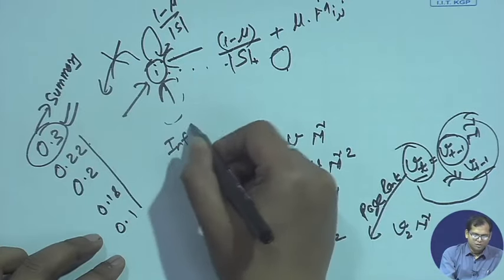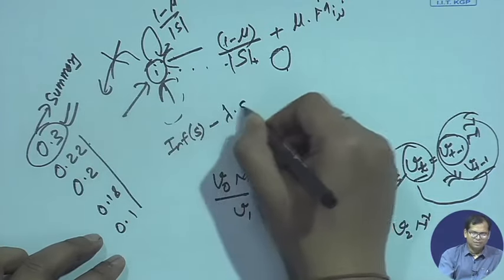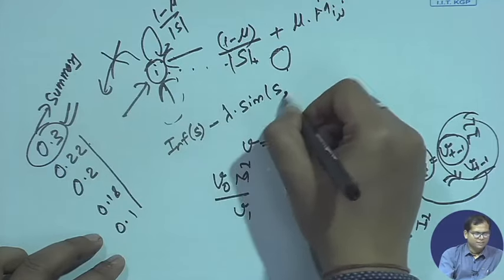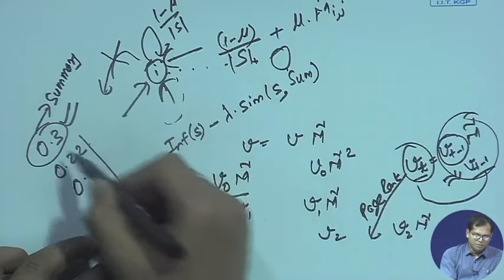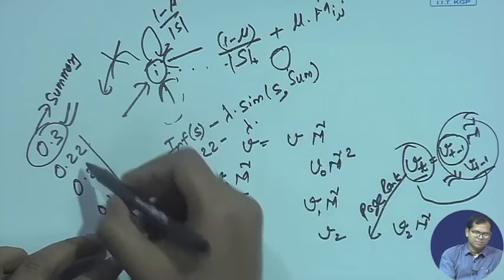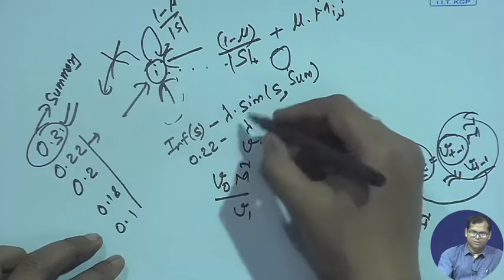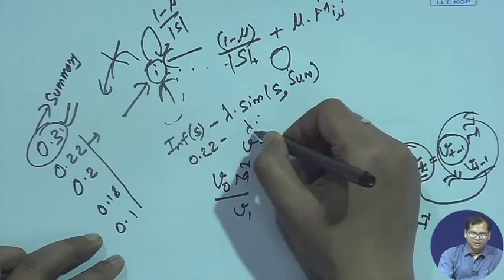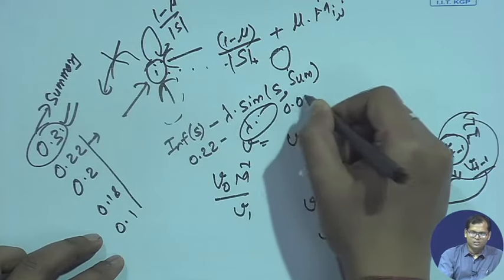This would be the informative score of a sentence S minus lambda times similarity of S with the summary. So that will be 0.22 minus lambda times similarity of this sentence with this sentence. Okay, suppose this whole thing comes out to be 0.05.